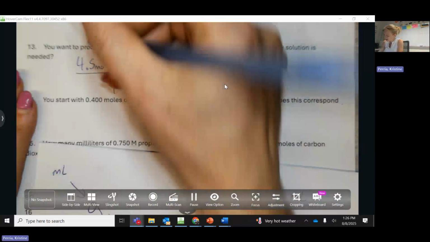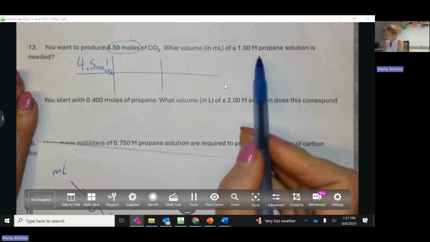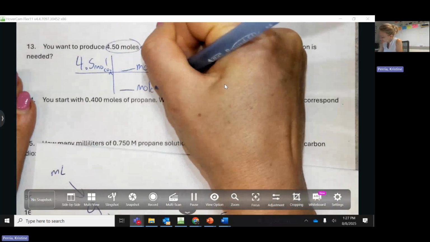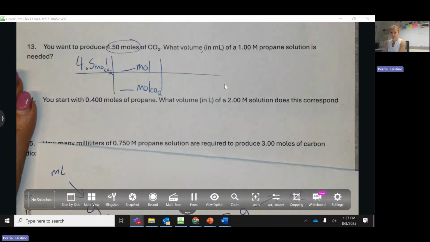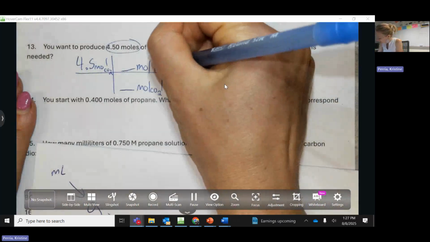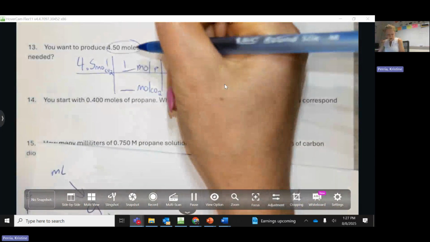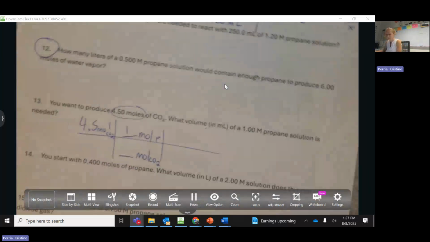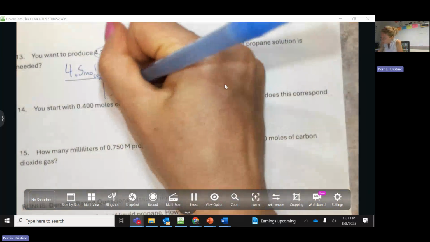Okay. That's of carbon dioxide, CO2. And then I need to get to moles of propane. So I'm going to put blank moles over blank moles. So this one's going to be a CO2 on the bottom. And then since we're going to propane, that's going to go on the top. So propane's coefficient is 1 and carbon dioxide's is 3. Okay, so 3 on the bottom.